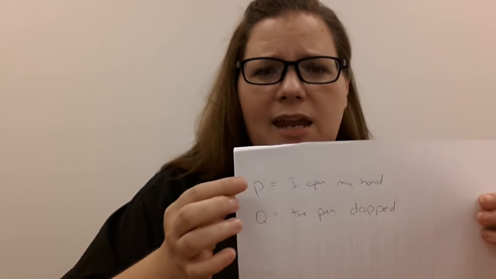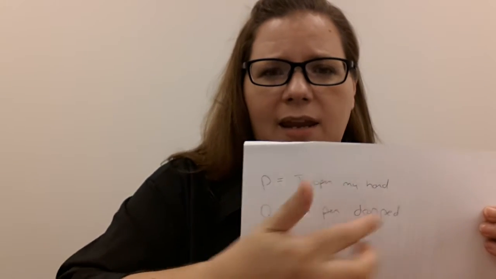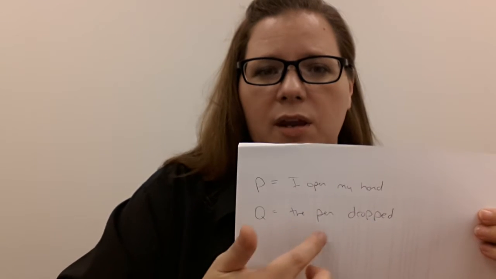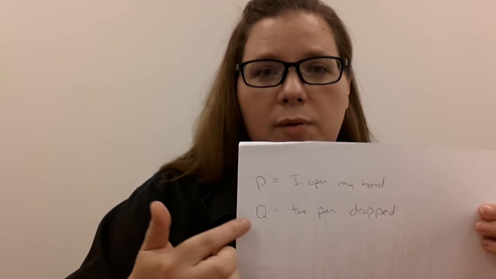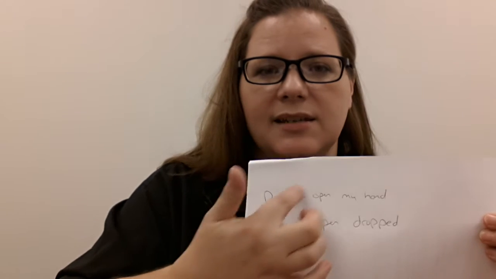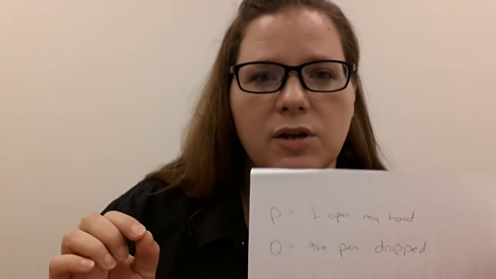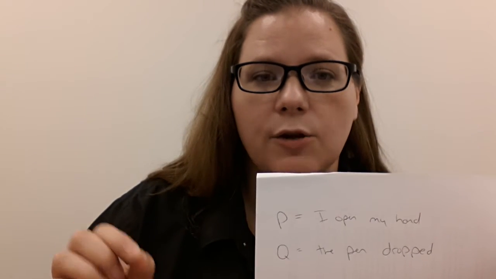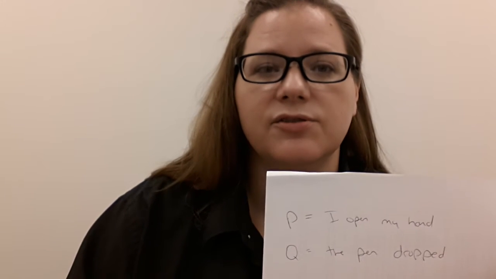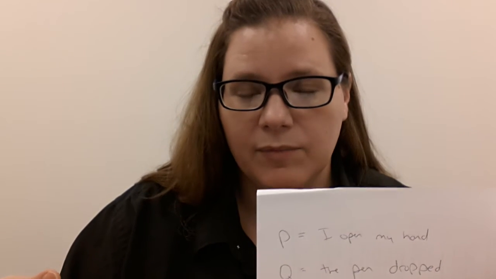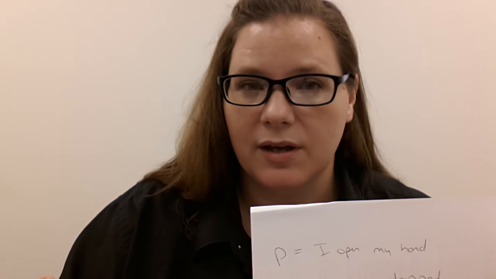We just did, if I open my hand, then the pen will drop. So we're going to have P stand for "I open my hand," and Q stand for "the pen will drop." P and Q are placeholders. That way, when you write out the arguments, you don't have to write out these sentences over and over again. It really just saves you time more than anything.